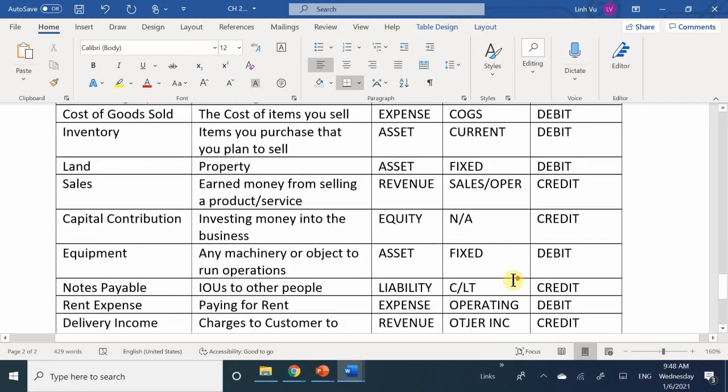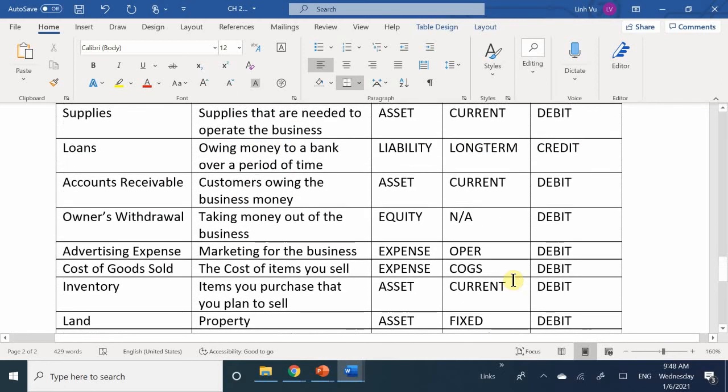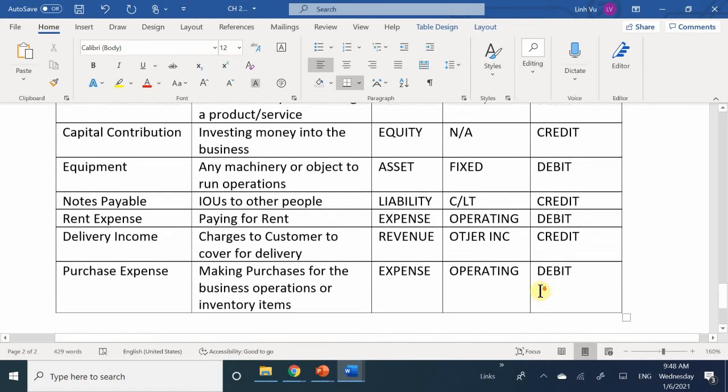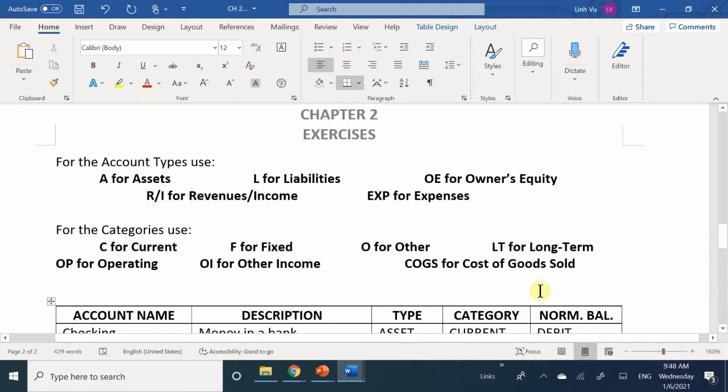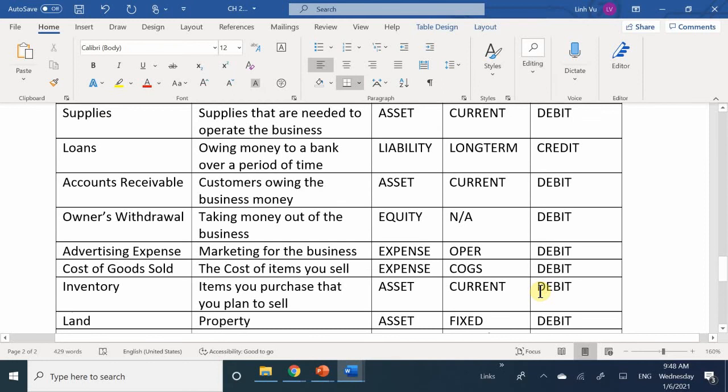Towards the end of our class, we will get to utilize these accounts in our fictitious business and categorize them as a debit or a credit. I will post the answers in a second along with the accounting model sheet. We're going to call break now.